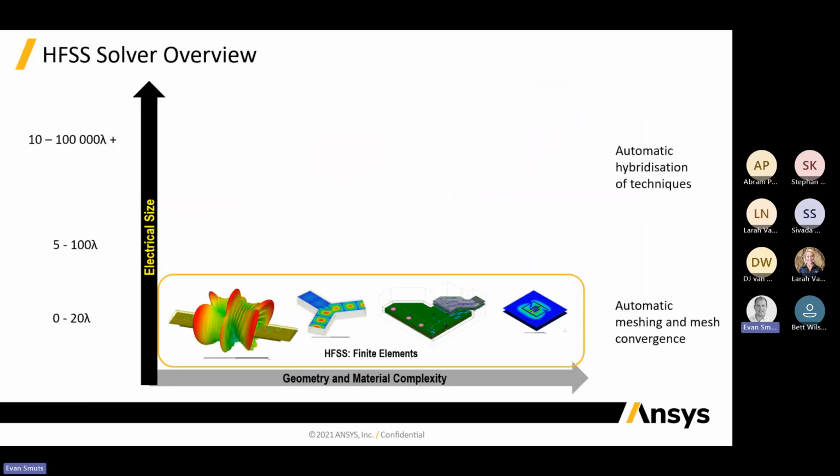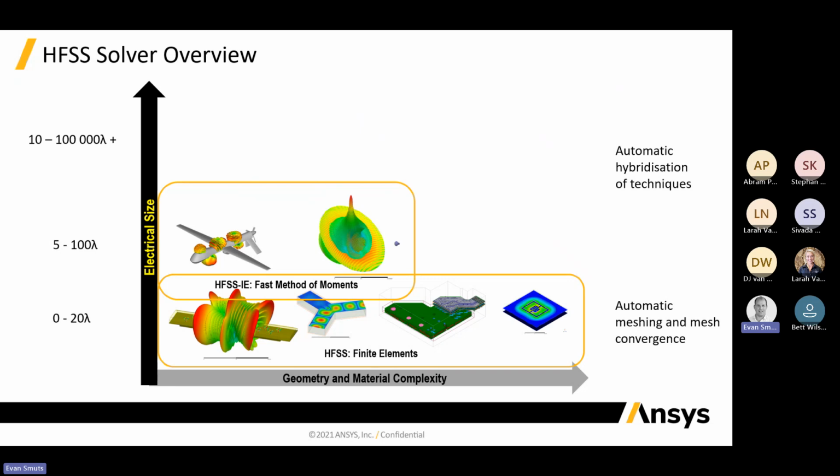So traditionally, we've always had the finite elements, but it really works well for smaller components, or electrically smaller components, just because of the additional cost of computing resources that are needed. Obviously, hardware has come a long way and it's made things a lot easier. But over the years, we've also added additional technologies for larger systems to try and save time, but still keep good accuracy. So this is when we bring in a tool called the integral equations method.